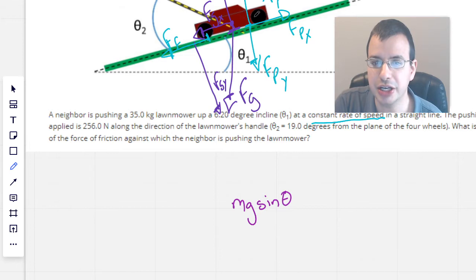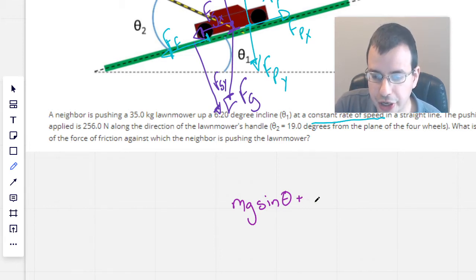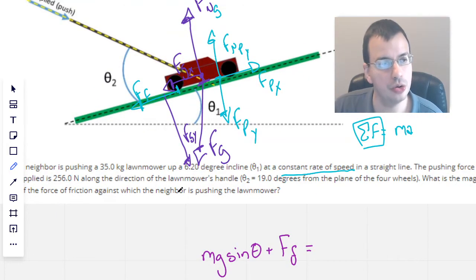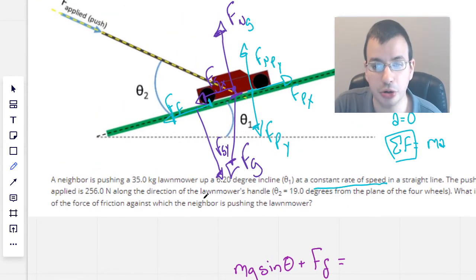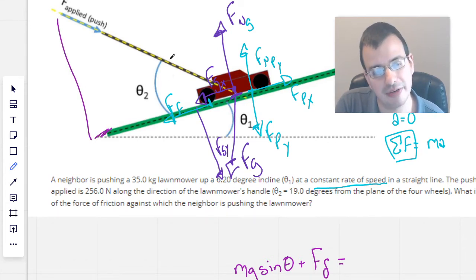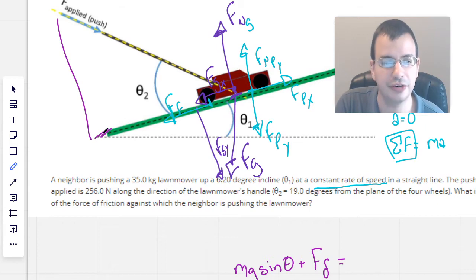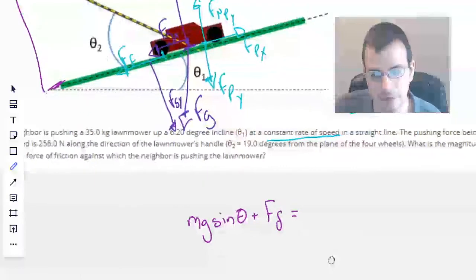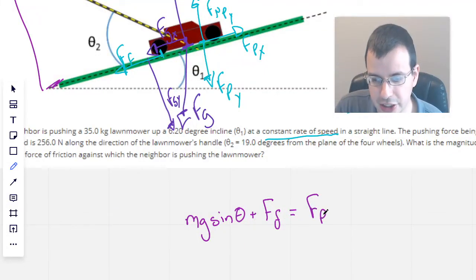The direction of motion is up, so we're also going to have force of friction going backwards. That is set equal to force pushed in the x direction. We have a theta here, so to find this component, that's going to be whatever the force pushing is times cosine theta.